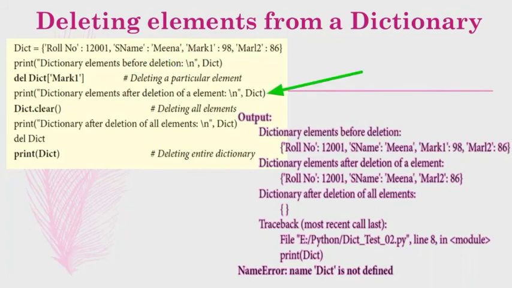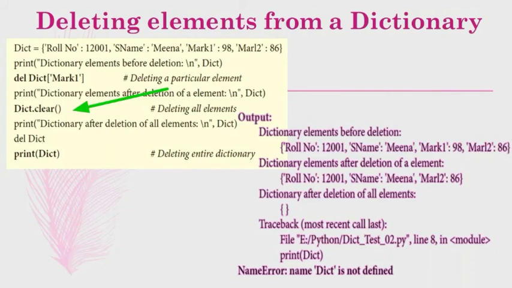Next, again print the dictionary. See here, dictionary elements after deletion of an element. Here mark 1 is not present because mark 1 is deleted. Next, if you want to delete all the elements, write like this: first the dictionary name, next dot clear parentheses.